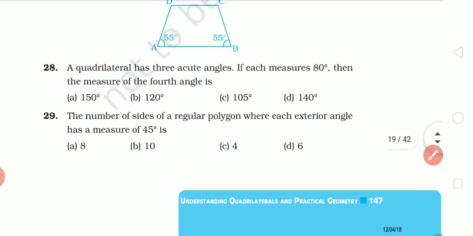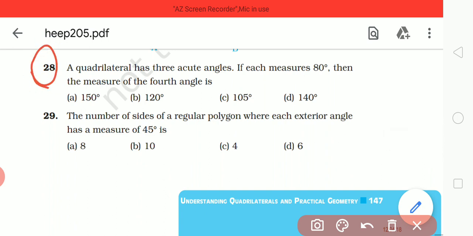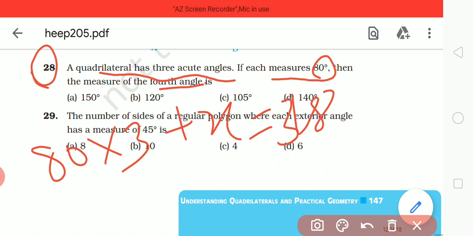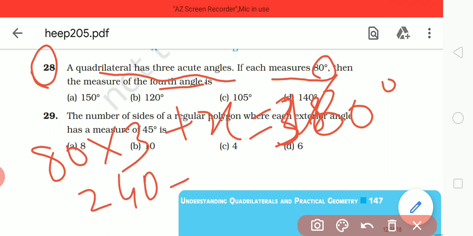Right. Now come to question number 28. A quadrilateral has 3 acute angles. If each measures 80 degrees, then what is the measure of the fourth angle? You have 3 angles of 80 degrees, so the sum of 3 angles is 80 into 3, and the fourth angle I am assuming x, equal to 360 degrees, the sum of interior angles of the quadrilateral. So 240 plus x equals 360 degrees.